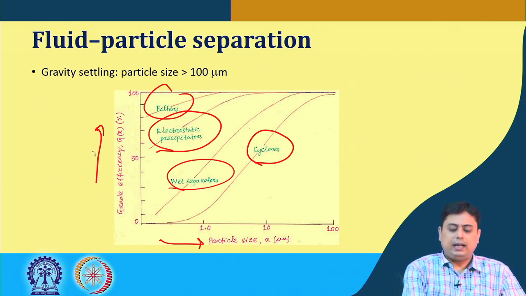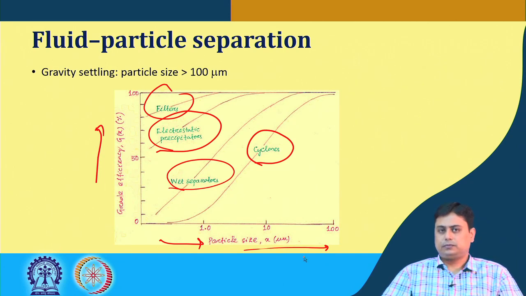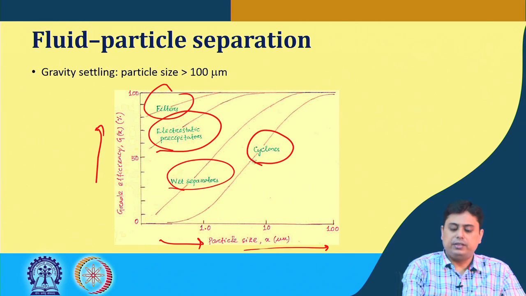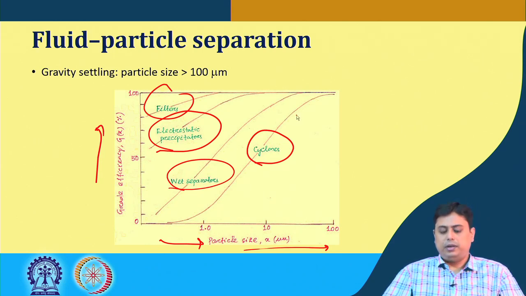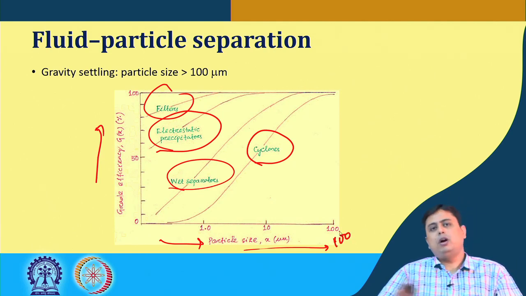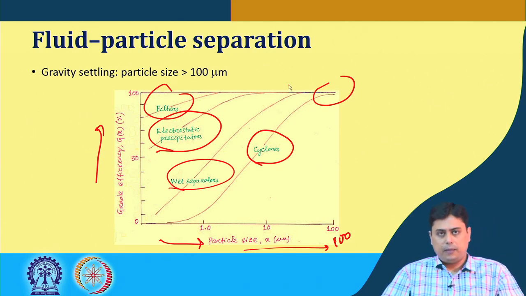So, we see that as the particle size increases, the separation grade efficiency of the cyclone separator increases, but the limit here is 100 micron, because beyond this we achieve near about 100% efficiency.